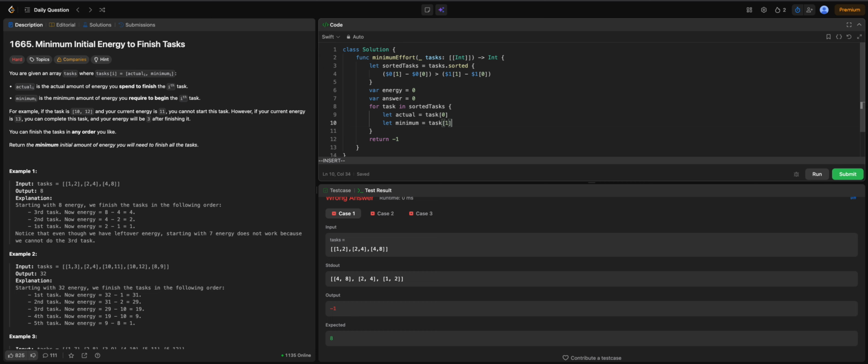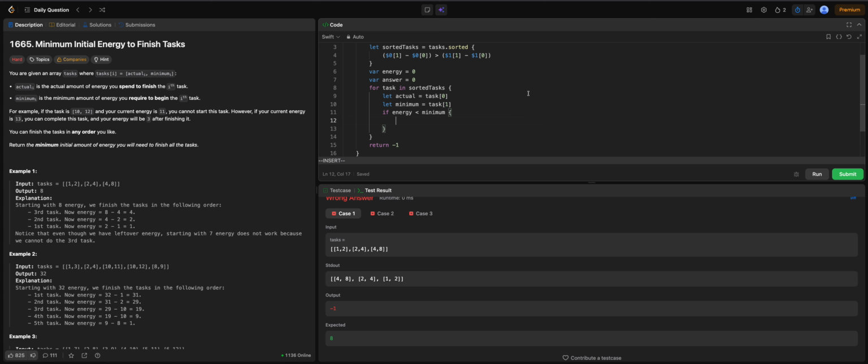So after we get the actual and minimum, what I want to do is check if our energy, that means we are trying to calculate how much energy we need, is less than the minimum. I just want to calculate, do we really need that energy? I'm going to calculate the need, which will be the minimum minus actual, our energy. Okay, that's a typo.